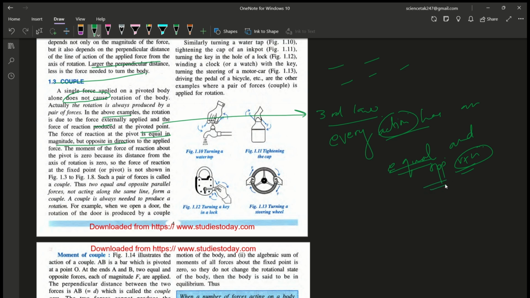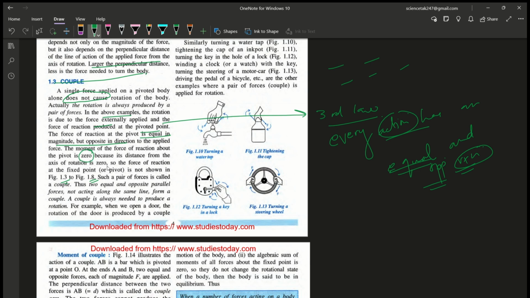Now, the moment of force of reaction about the pivot is zero because its distance from the axis of rotation is zero. So the force of reaction at the fixed point is not shown in figure 1.3 to figure 1.8. Okay, so what we are saying is the moment of force of reaction about the pivot point is 0 because its distance from the axis of rotation is 0.